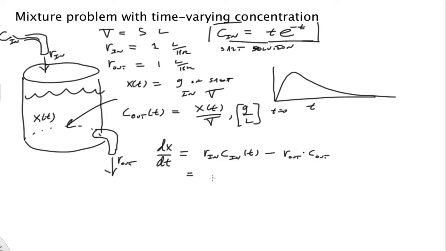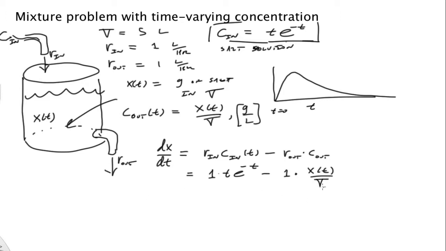We can rewrite this now: R in is 1, C in is t times e to the negative t, R out is also 1, and C out is x of t over V. And V, of course, was 5.